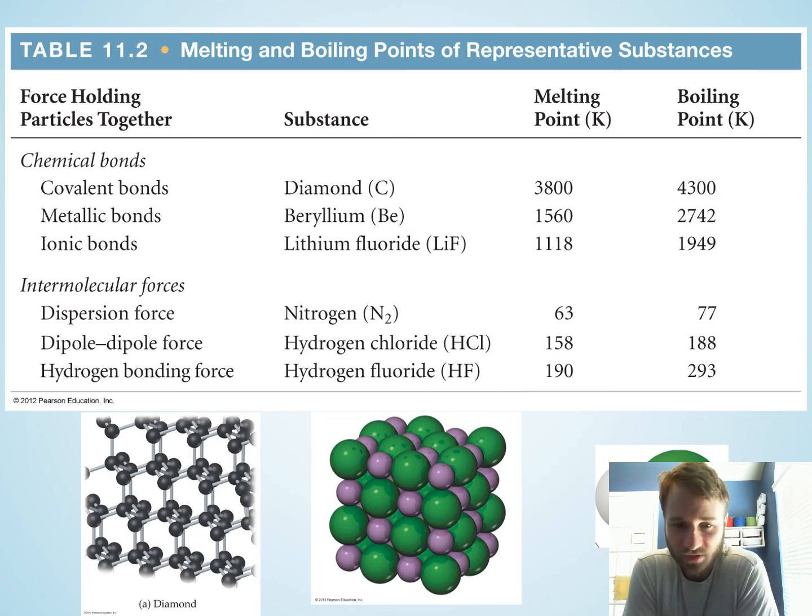Look here at nitrogen gas to say hydrogen fluoride, okay? You have melting points and boiling points that differ by over 100 to 200 Kelvin, right? Which is over 100, 200 degrees Celsius, right? And so the strength of these intermolecular interactions very much determines these melting points, these boiling points, and what phases your atoms or molecules will exist in at a given temperature.